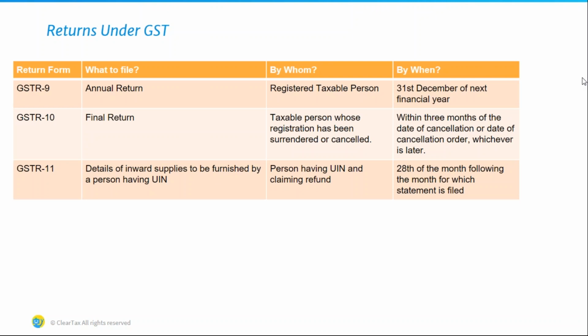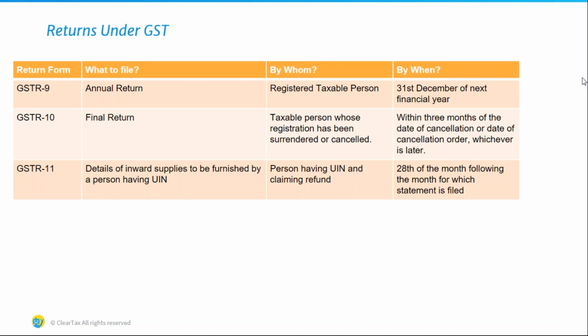And to add on that, there could be certain scenarios wherein a certain transaction or invoice has been missed to be filed under goods and service tax. All these kinds of modifications can be done in the annual return, subject to some timeline: all this modification has to happen before September of the next financial year, and the return has to be filed before 31st of December of the next financial year.